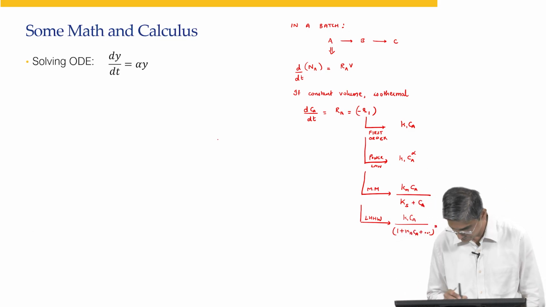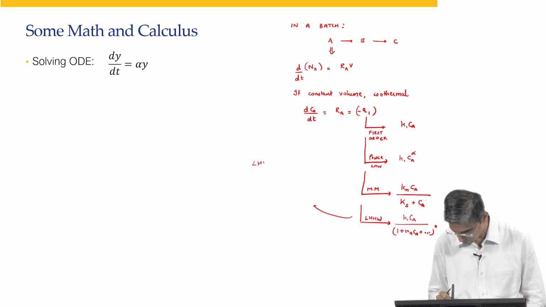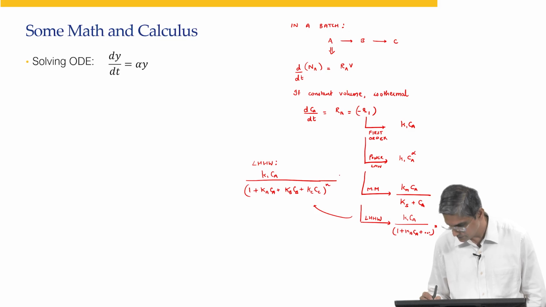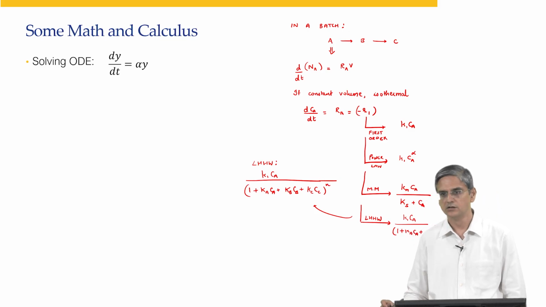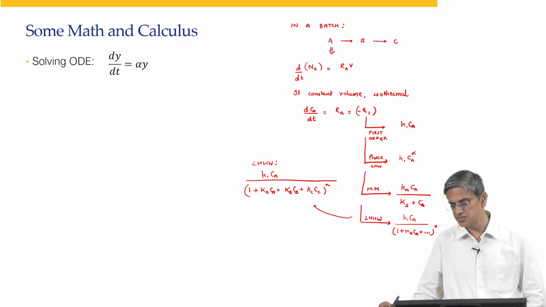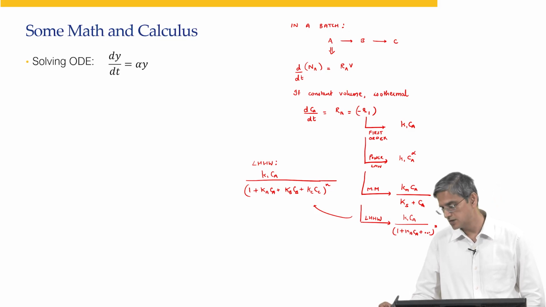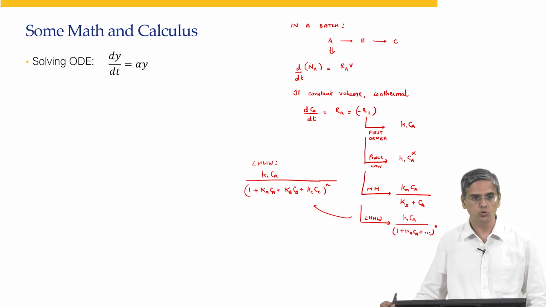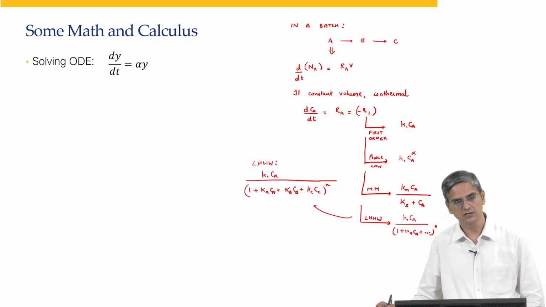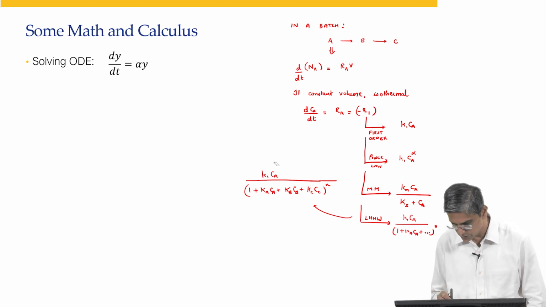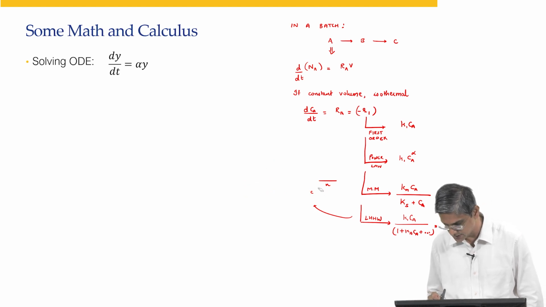Okay. Where does Ka, Ca, Kb, Cb, Kc, Cc and so on come from? We will come to that. When it comes to the Michaelis-Menten equation, where does this form of equations come from? We will come to that later. Okay. But essentially this is what you are going to get for cases like this.